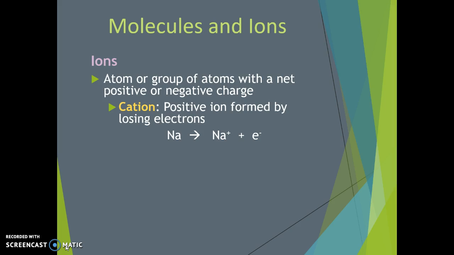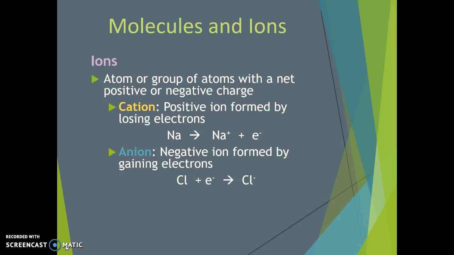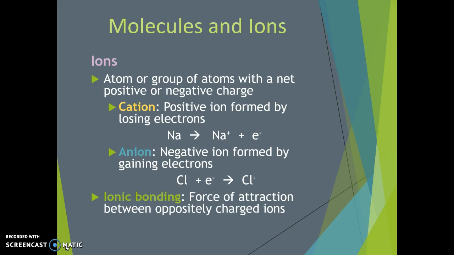When sodium loses, or has 1 electron removed, it now has a net charge of positive 1 and has become a positive ion, which is called a cation. When this electron is transferred to chlorine, it produces a negative 1 charge and becomes a negative ion, which is called an anion. Because these ions have opposite charges, they attract to each other and form an ionic bond.